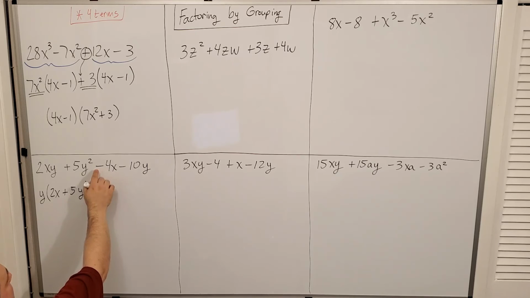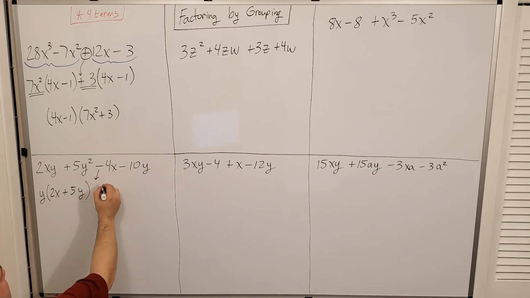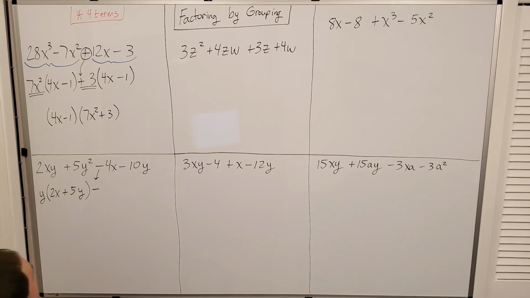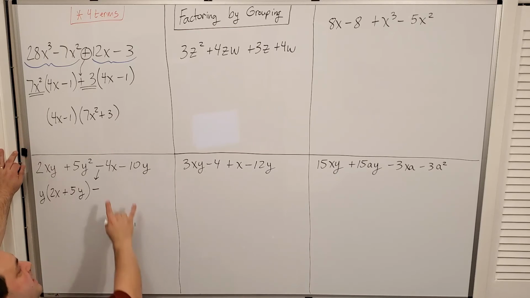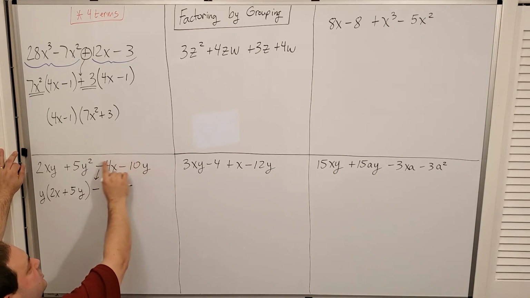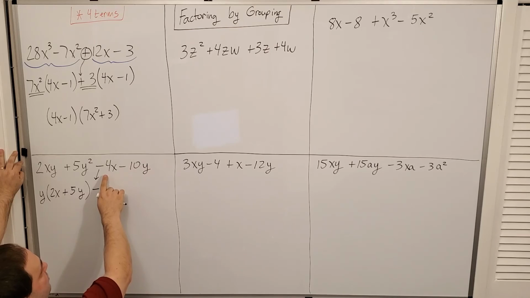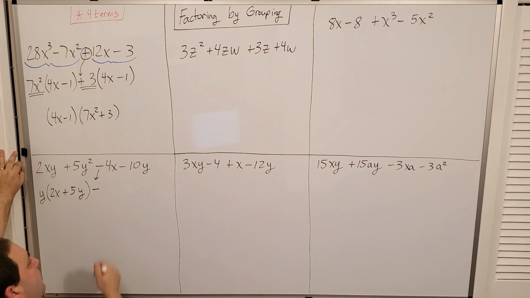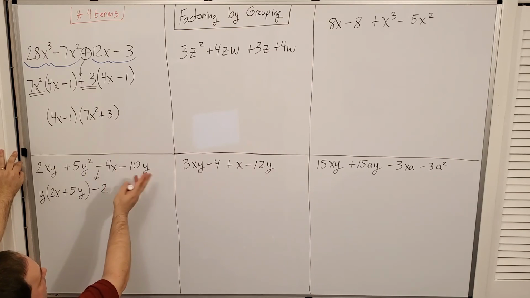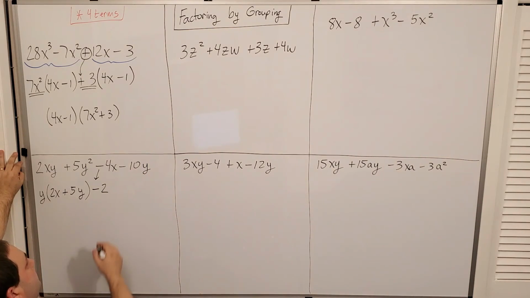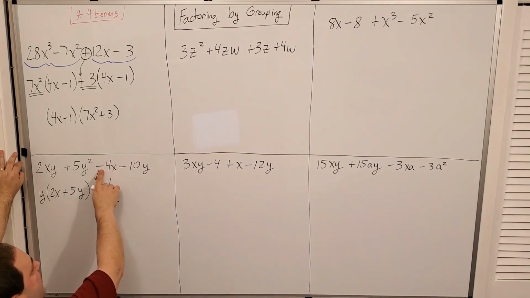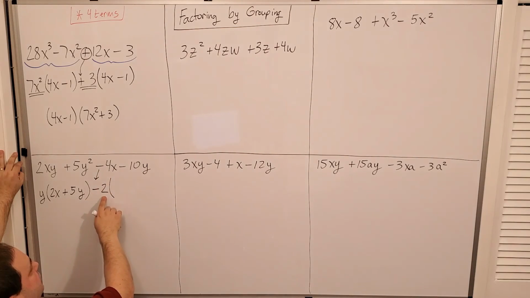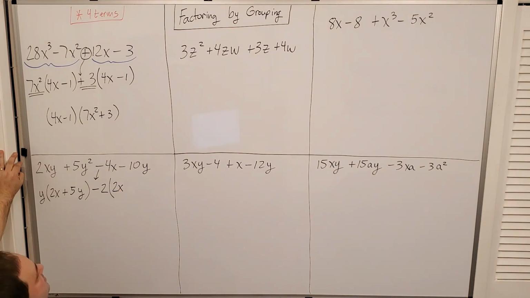Here's that middle sign. I'm going to match it with a negative. And what that's telling me is I need to factor a negative out of this grouping. Between 4 and 10, they both have a 2. This one has x, this one has y, so there's no variables in common. If I do negative 4 divided by negative 2, I get 2x.